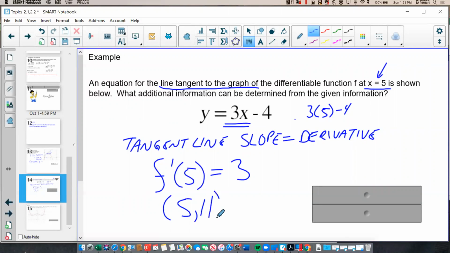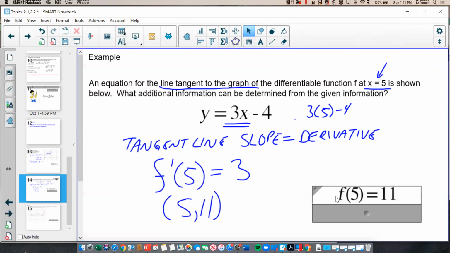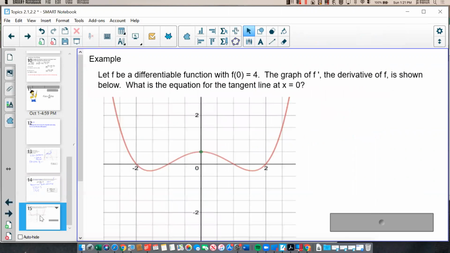So the point of tangency, which occurs both on the tangent line and on the curve, is (5, 11). So we know that the point is (5, 11), and we know that the derivative at x equals 5 is equal to 3. Let's check out one more example.